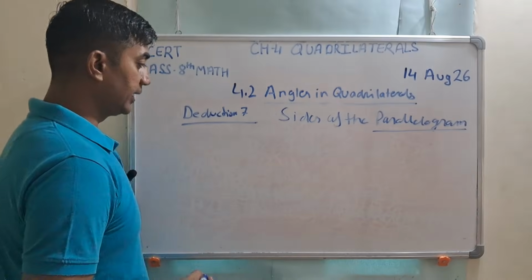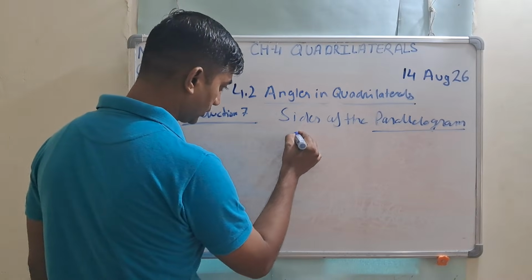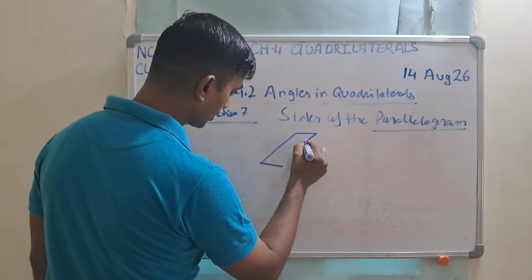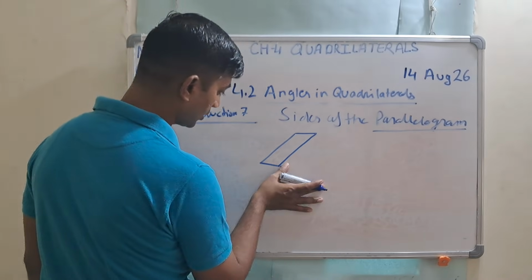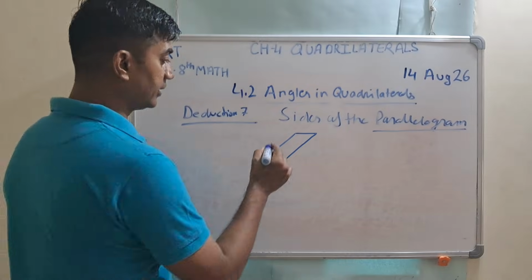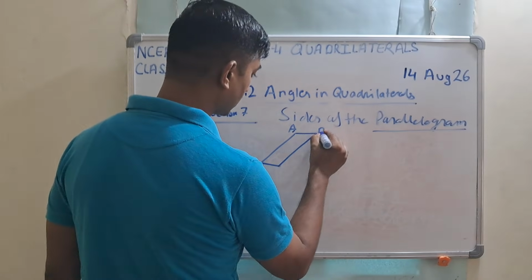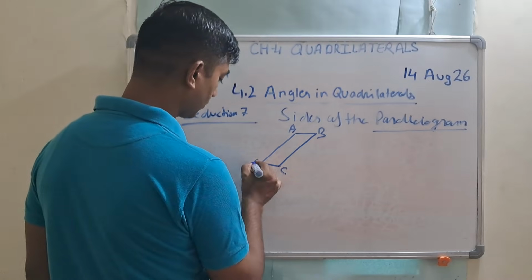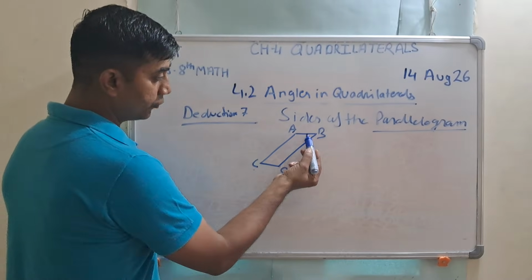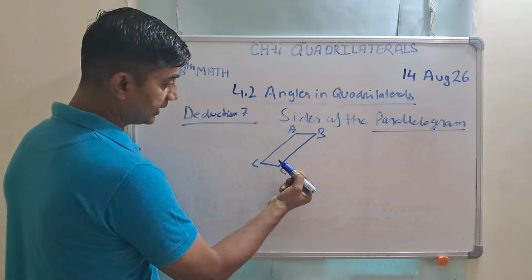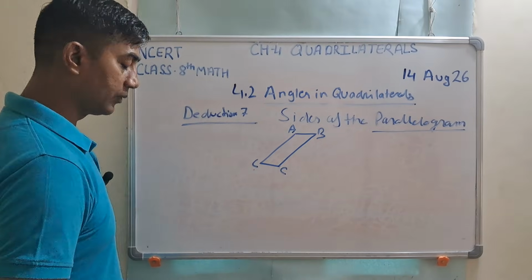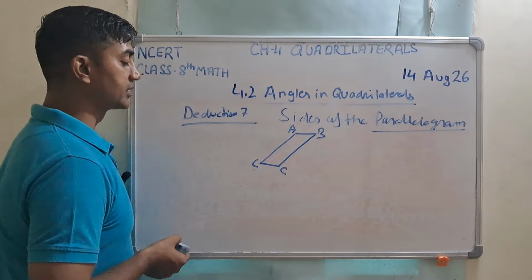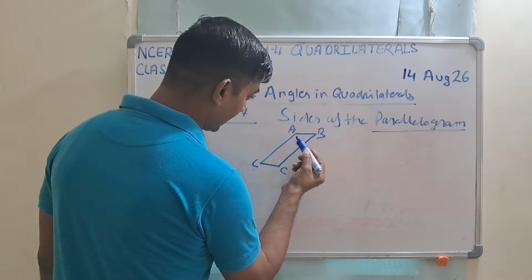Till now what we have studied, if this is a parallelogram, is that the sum of consecutive angles is 180 degrees, the sum of the internal angles is 360 degrees, and opposite angles are equal.